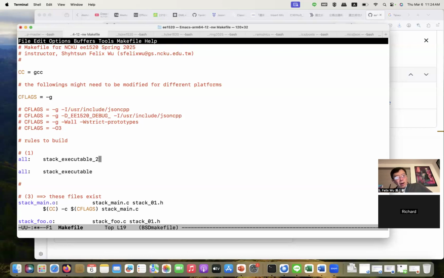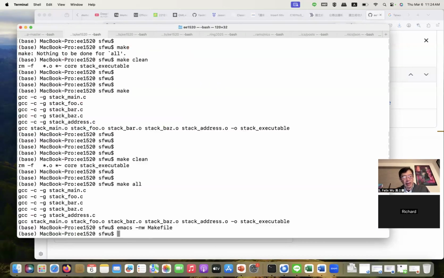One is called all, and the second rule is also all. So does a makefile allow you to have 2 rules with the same target name? My guess is that it will complain, saying, hey, you have more than 1 rule for the same target, but let's try it.